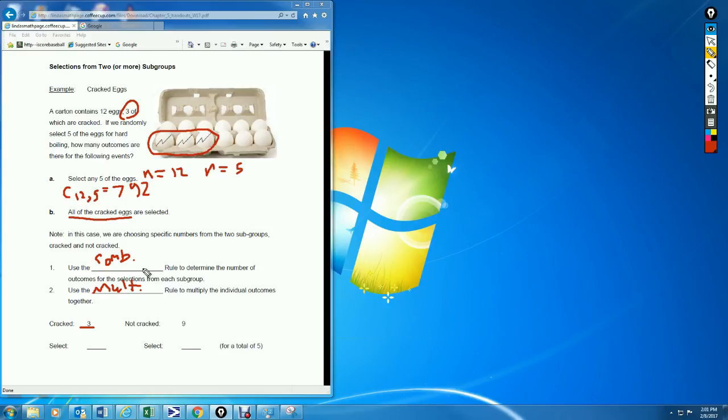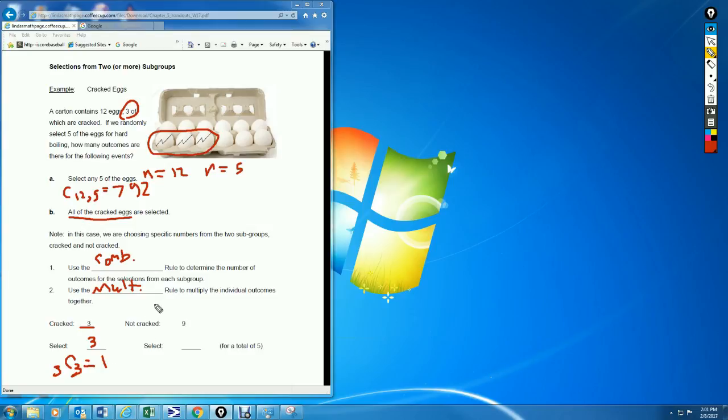Intuitively, we know there's only one way. You're picking all 3 of the cracked eggs. So that makes sense. So there's 3 cracked eggs, I'm selecting 3. In other words, I'm doing 3C3, which if you do that on your calculator, which you should, is equal to 1.